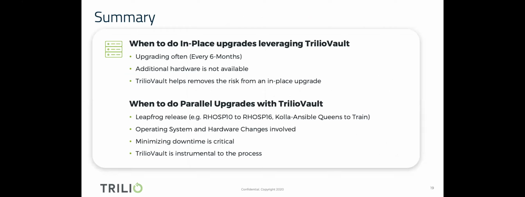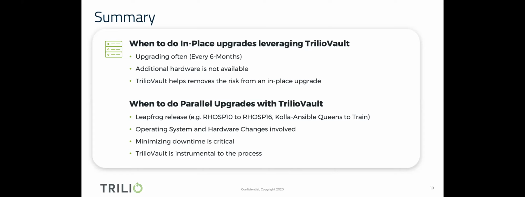I like to think that the time to do in-place upgrades, and certainly leveraging TrilioVault, is if you are going through that cadence, upgrading very often. So in-place for very frequent upgrades, because that's what it's there to do. And that's the whole process. And of course, you can only do an in-place upgrade if additional hardware is not available.